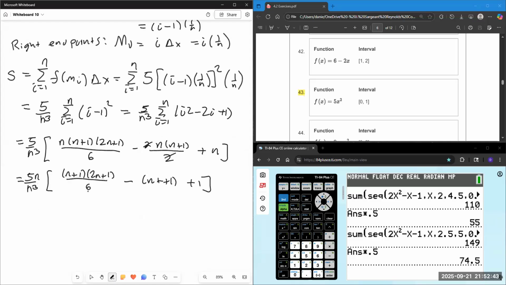So n will cancel here, and with 5 over n squared times 2n squared plus 3n plus 1 minus n minus 1 plus 1. This is over 6.